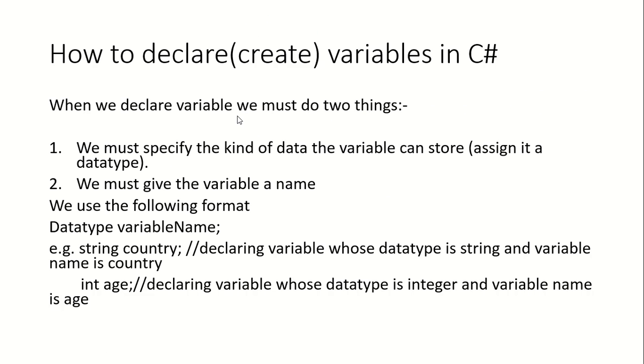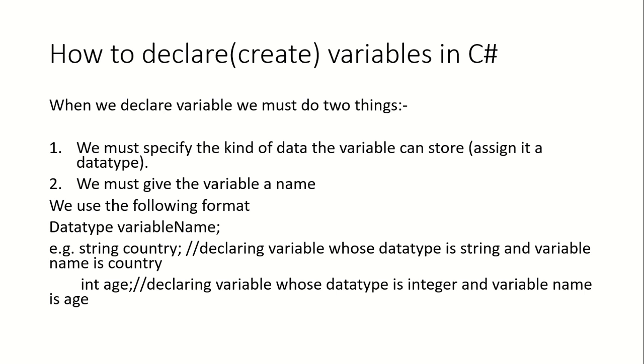How to declare or create variables in C#. When we declare a variable, we must do two things. First, we must specify the kind of data the variable can store. In other words, assign it a data type. Second, we must give the variable a name. We use the following format: data type, variable name, semicolon, e.g. string country, semicolon.